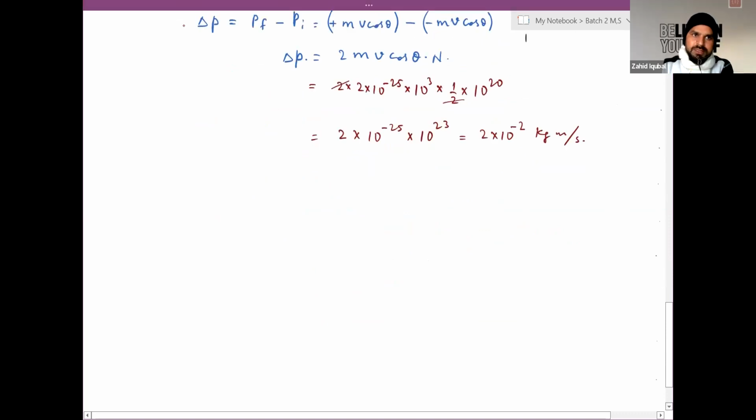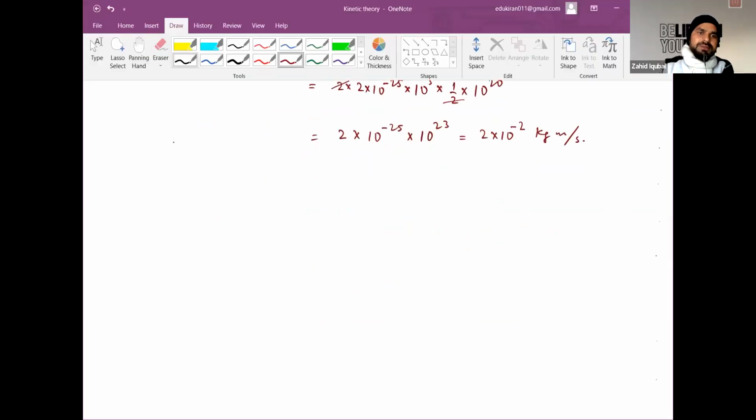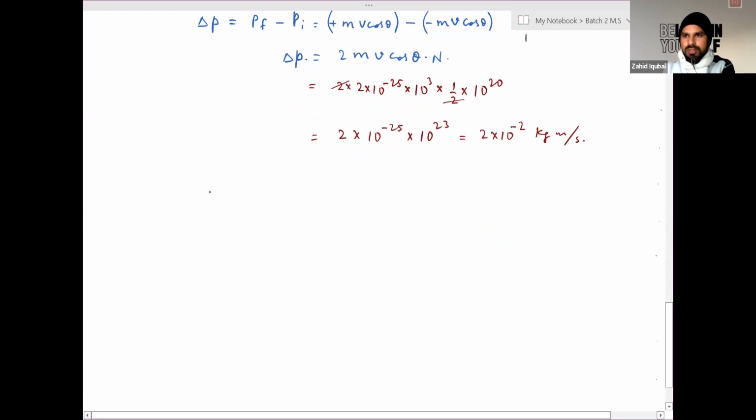Now, related to this expression for pressure, we may define thermal kinetic energy.